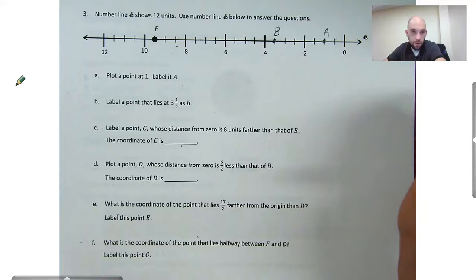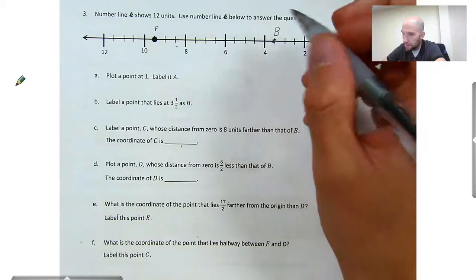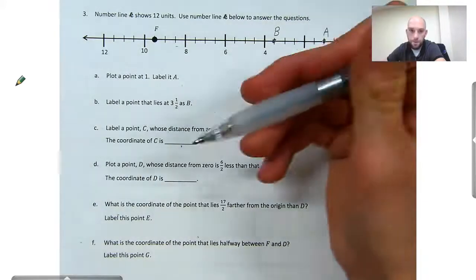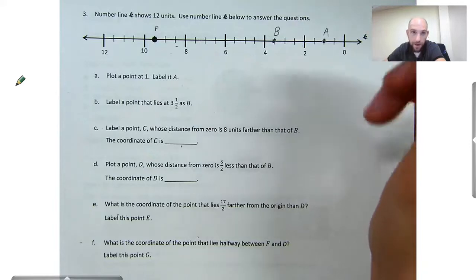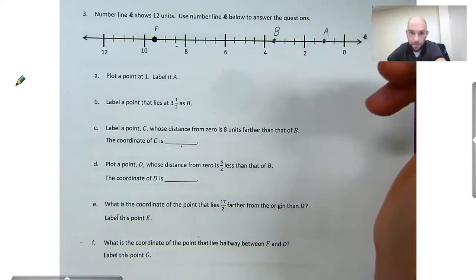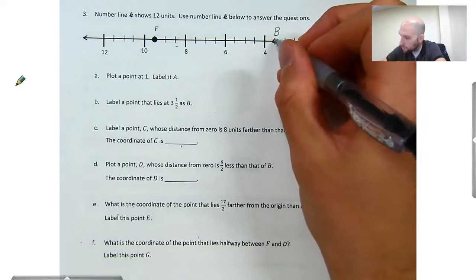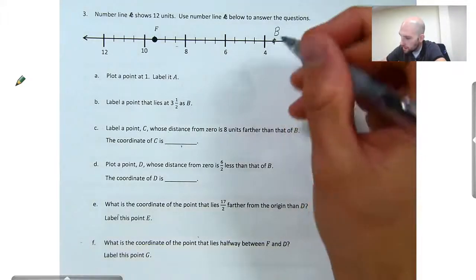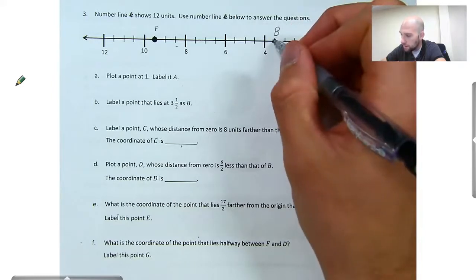Now it says label a point C whose distance from 0 is 8 units farther than that of B. So we're going to have to do C 8 units farther from the origin than B. So if every one of these is a half, every 2 is a whole. So we need 8 units.